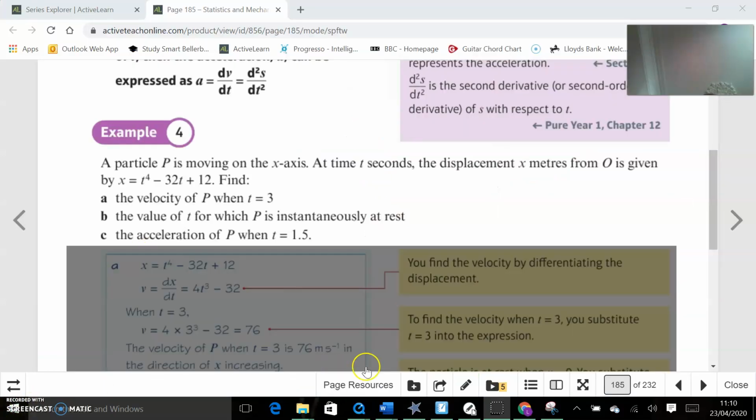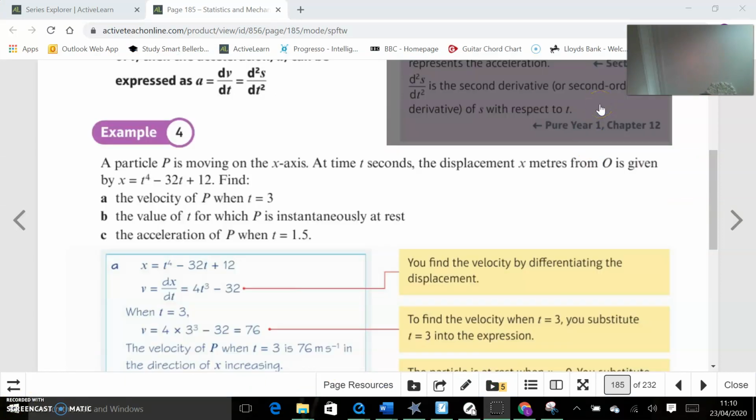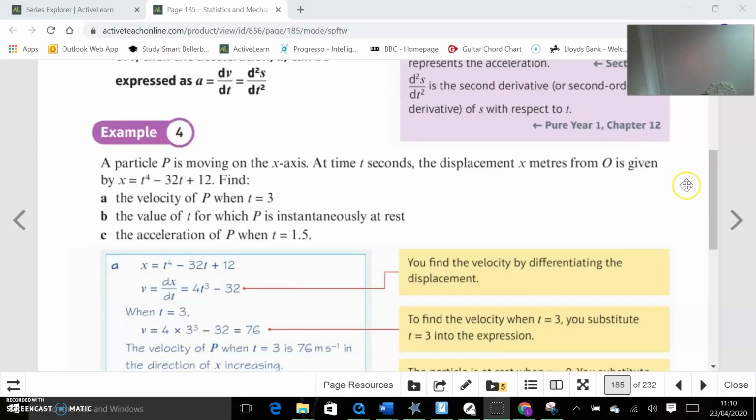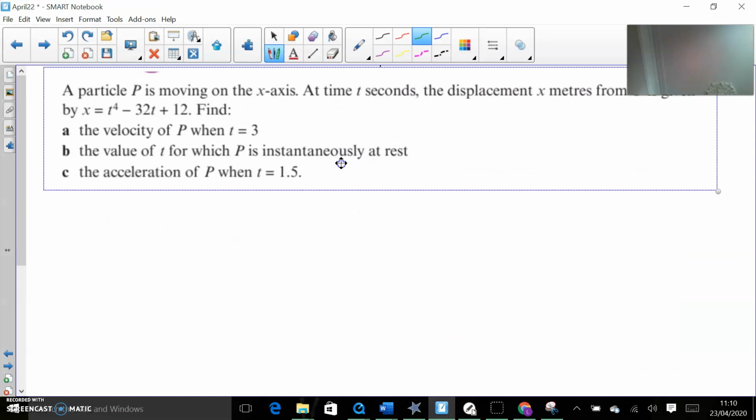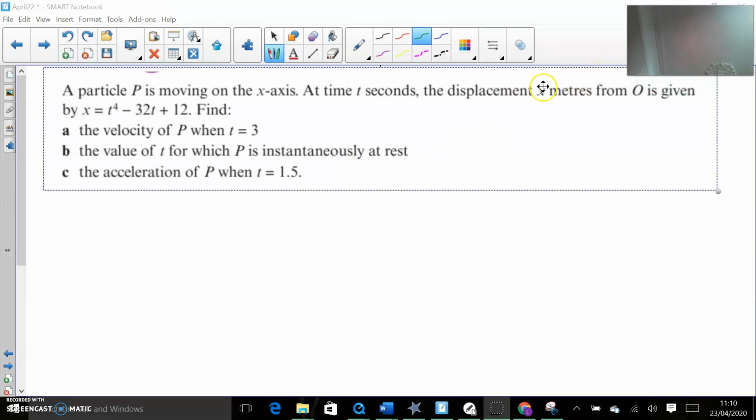I'm going to go through example 4 on page 185 of the Statistics and Mechanics book 1. A particle P is moving on the x-axis. At time t seconds, the displacement x meters from O is given by x equals t to the power of 4 minus 32t plus 12.